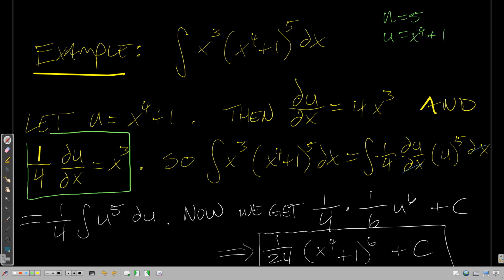So then x cubed, it turns out, is just a constant times the derivative of u. My constant here would be 1/4.